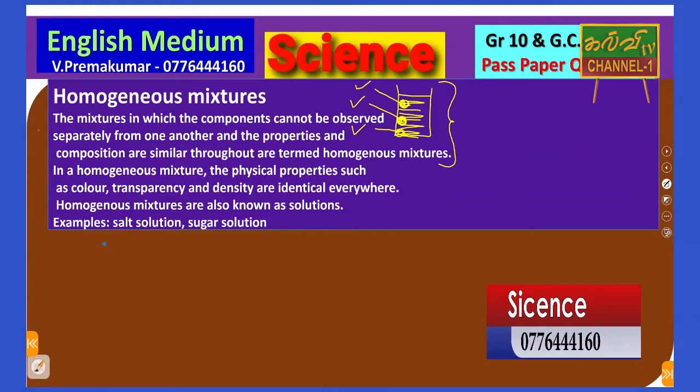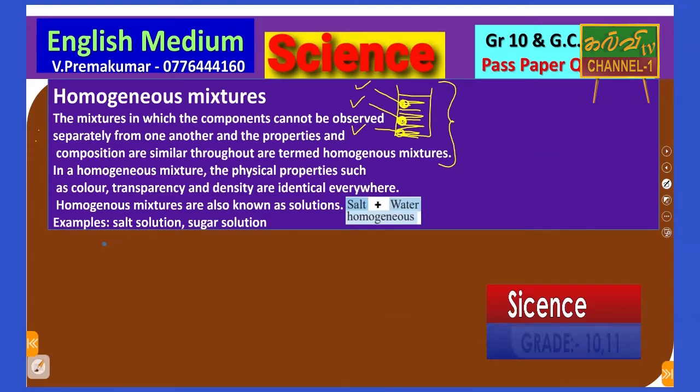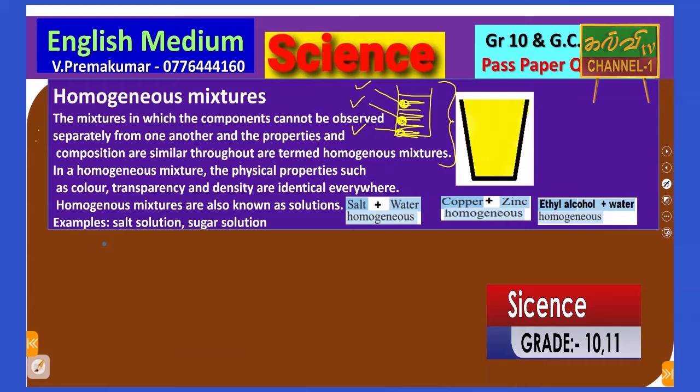Say here, in the next slide, salt and water is considered a homogeneous mixture, right? Salt and water, you can find a colorless solution. And copper and zinc, the brass, that is an alloy, right?